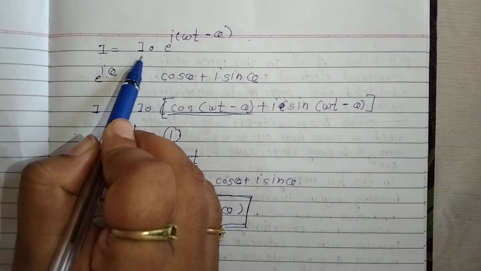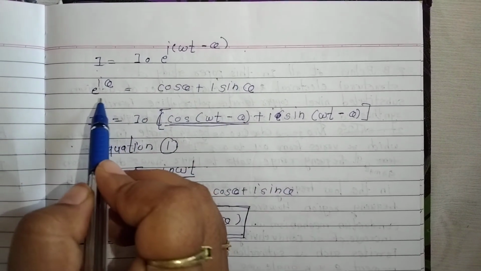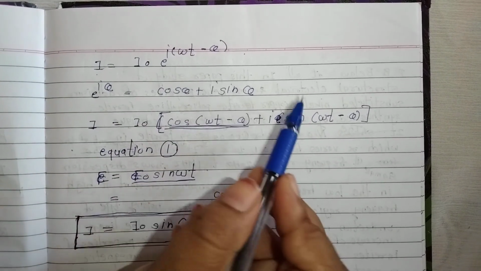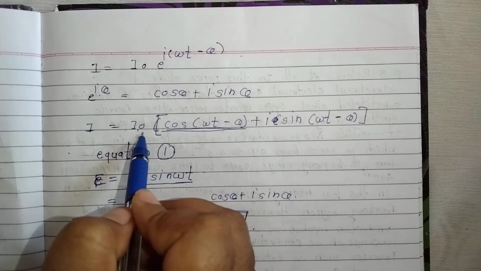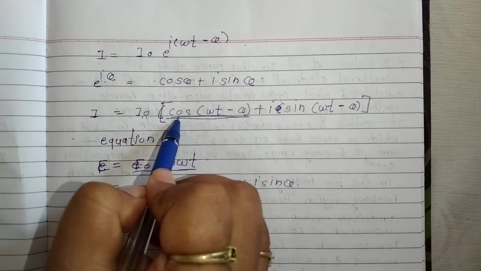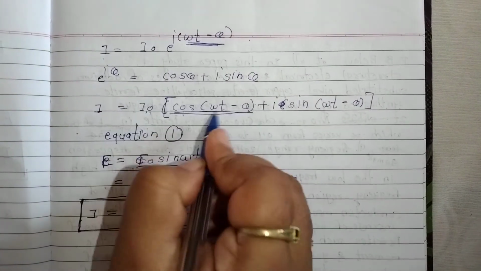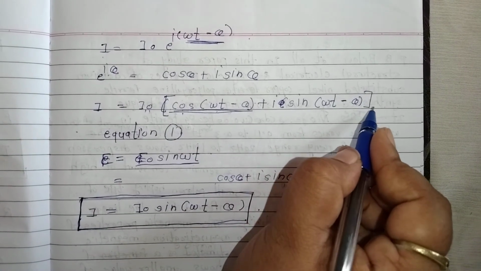We know e raised to i theta is equal to cos theta plus i sin theta. Putting this value, we get I is equal to I0 times cos(omega t minus theta) plus i sin(omega t minus theta).